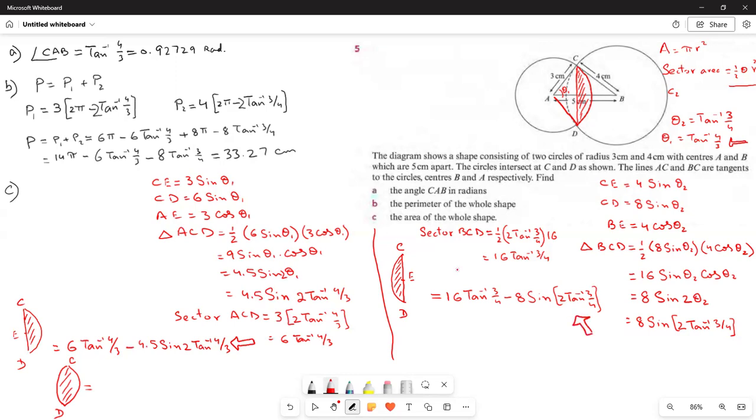So when I add these two expressions, you can see it is going to be a bit long, but let me start writing it.